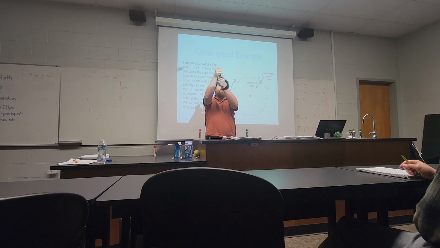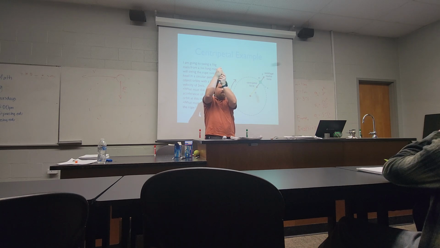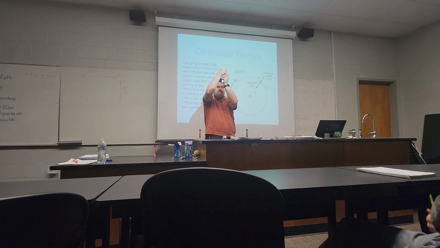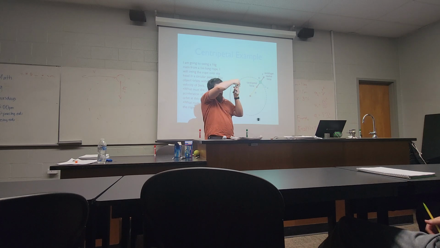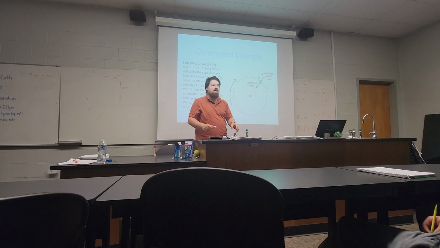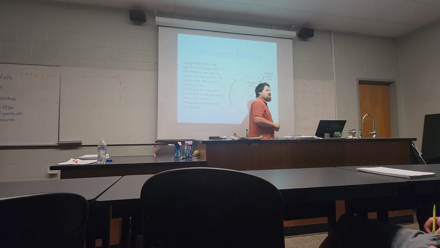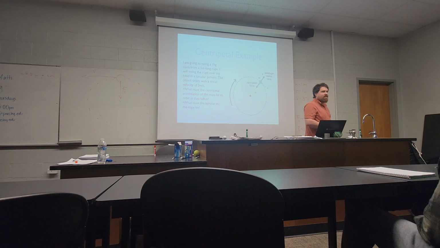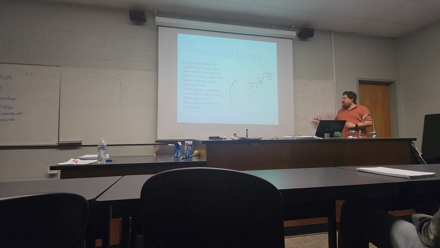So this is what we were just doing, and now I'm choosing to speed it up. Hypothetically, instead of 3 meters per second, I kicked the speed up to 6 meters per second, twice as fast. How would that change this?